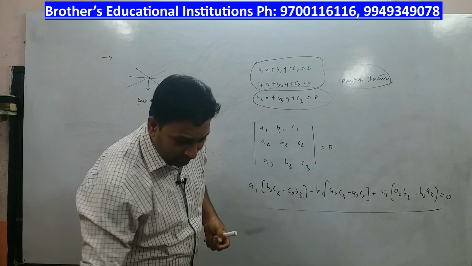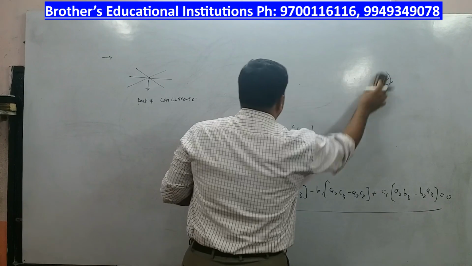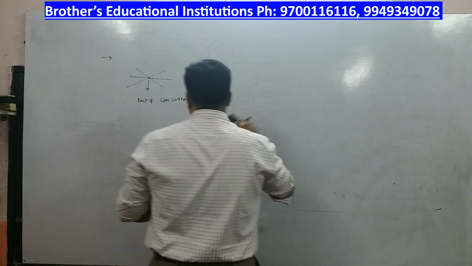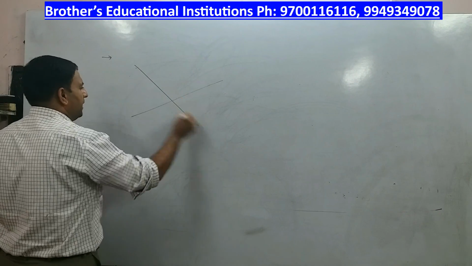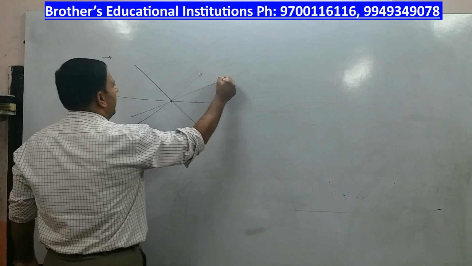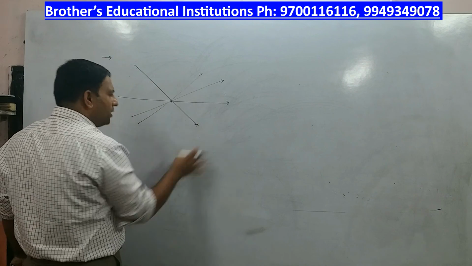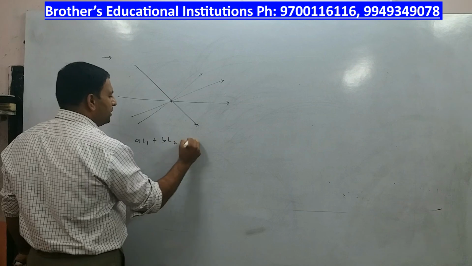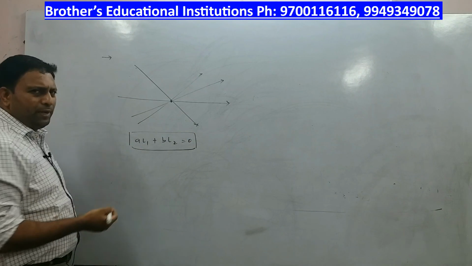Now one more interesting fact, let me put to your notice: when more than two lines are passing through the same point, let us say there is a line here, there is a line here, there is a line here, there is a line here. These lines, when they are passing through one point, have a peculiar habit. All the lines will be of the form aL1 plus bL2 is equal to 0. Now this is the concept of pencil of lines. What is aL1 plus bL2 is equal to 0?